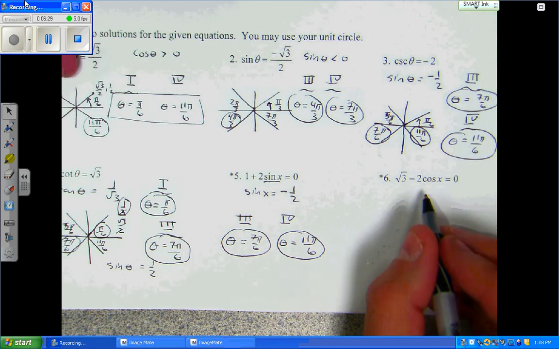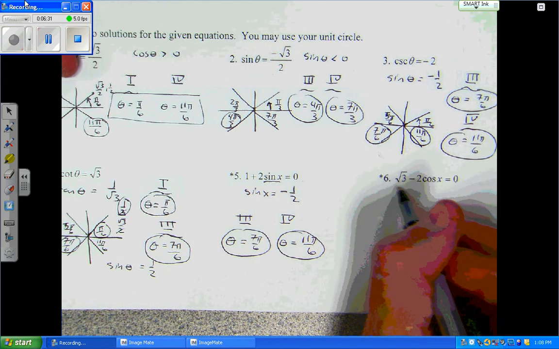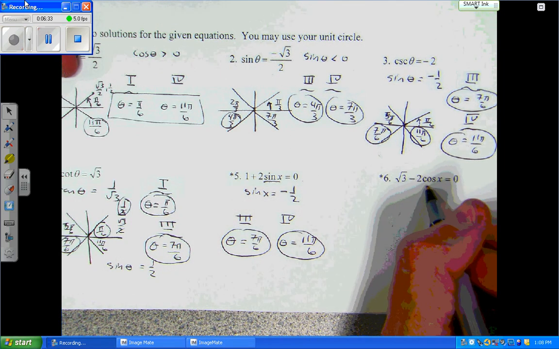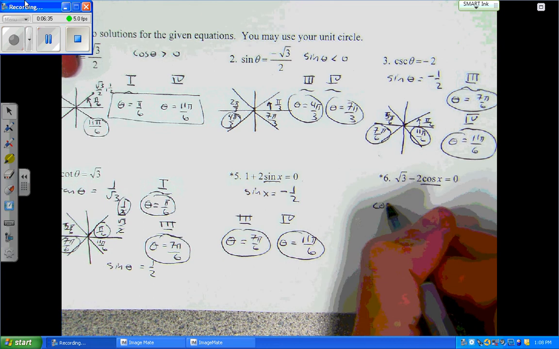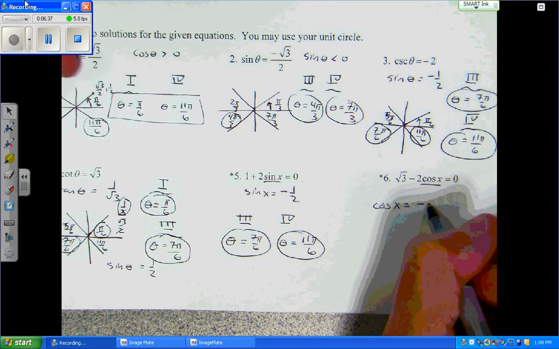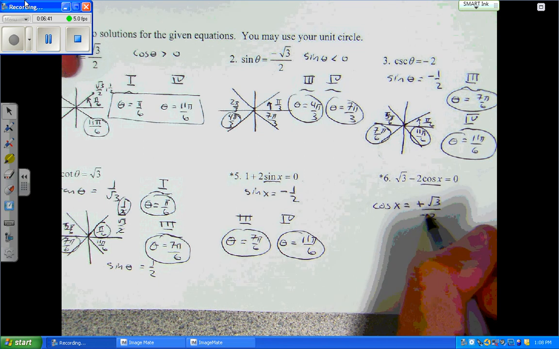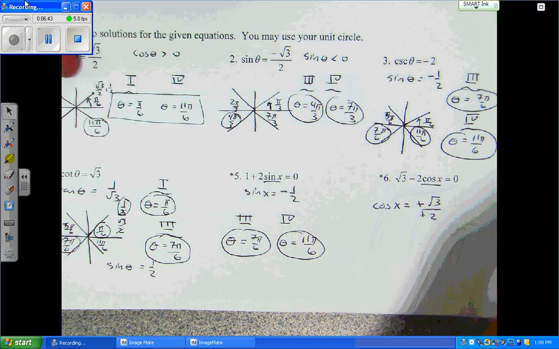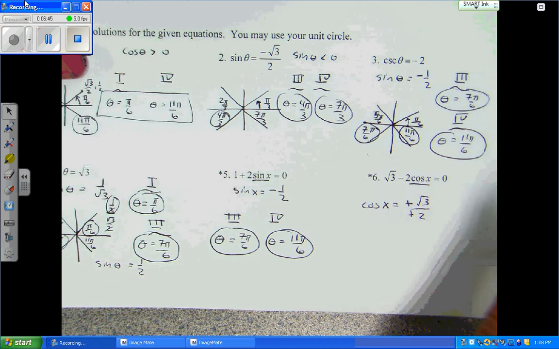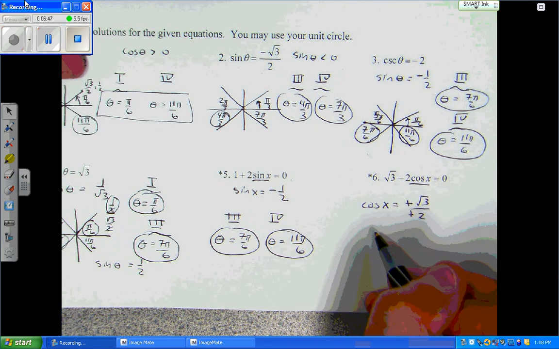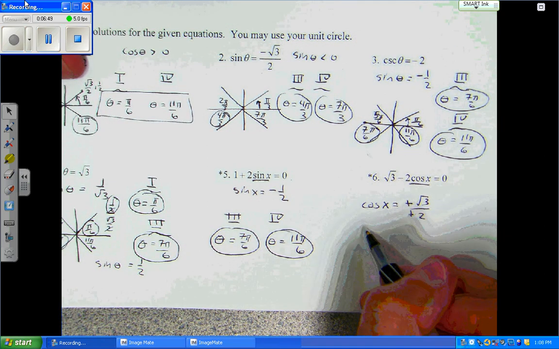For number 6, same thing, we're going to solve it. Isolate the cosine, and we get the cosine of x equals negative square root of 3 over negative 2. Of course, those two negatives become positive. Just like if you want to tell somebody that they did something wrong, tell them they did 2 things wrong.